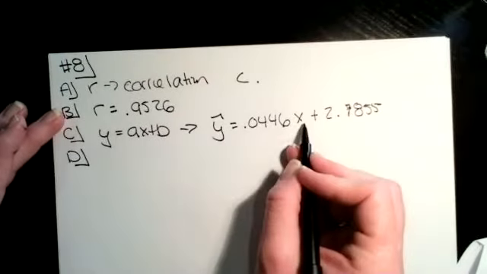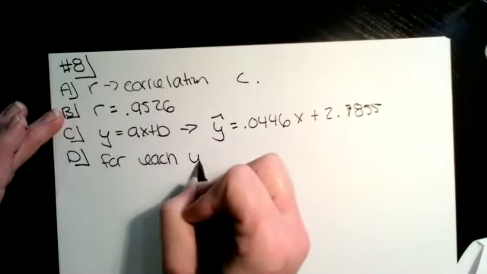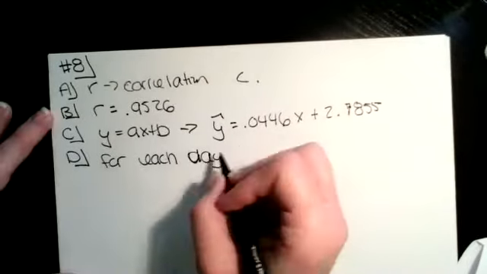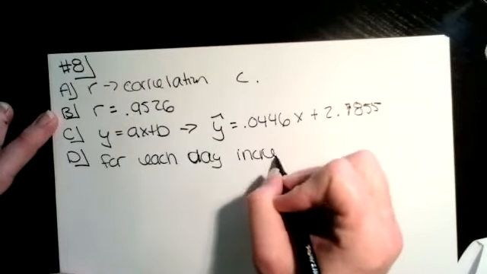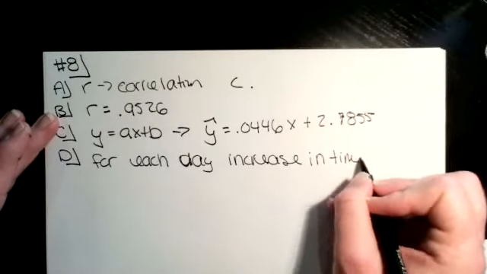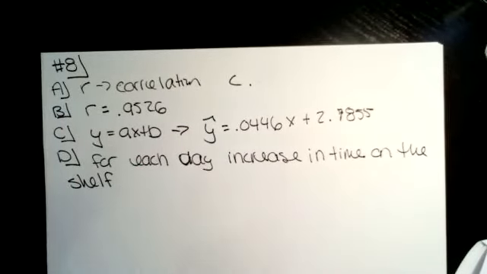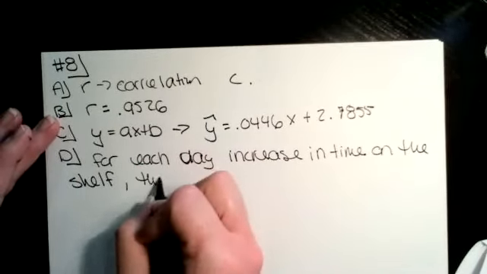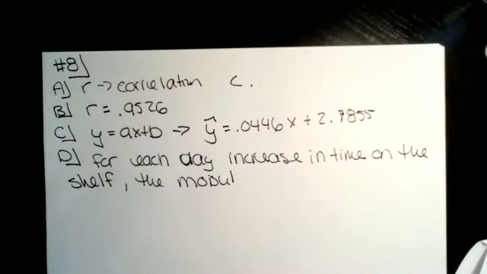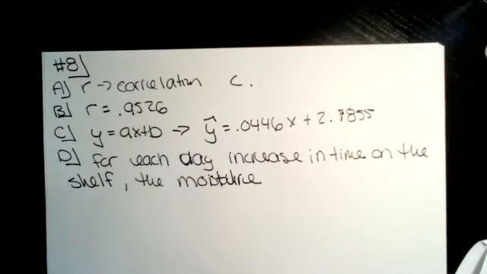So I need to know what x represents and what y represents. So I'm going to say for each, I don't want to say unit. So I'm going to say day increase, because I know the units, it's day. So for each day increase, it's always about for each unit increase in that x, okay? I'm going to say in time on the shelf, to be a little specific, right? It won't always be that specific, but it's nice. When I talk about this, my y is the moisture content, right?